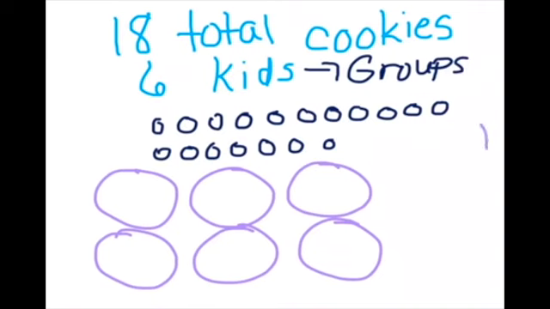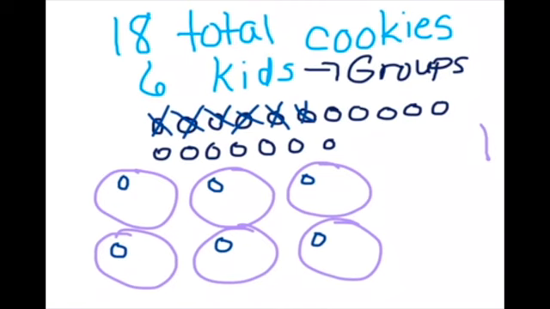So with these cookies up here, I'm going to just add them to my groups, one by one, okay? 1, 1, 1, 1, 1, and 1. So those cookies are gone. That would be 6 cookies, right? So those are gone.